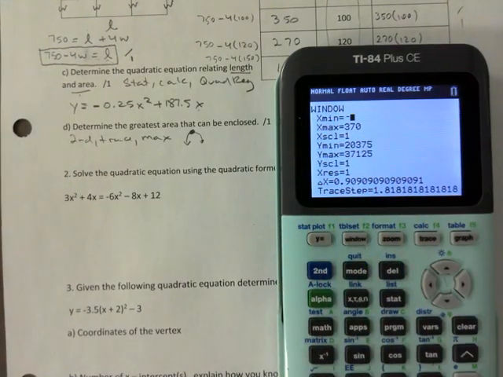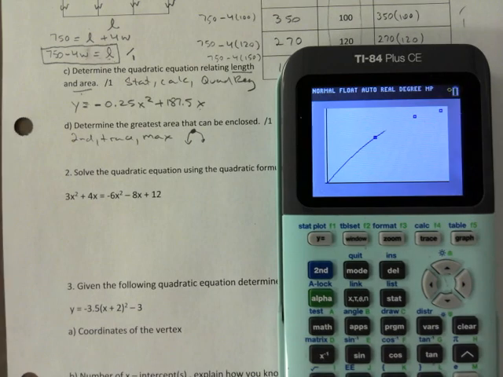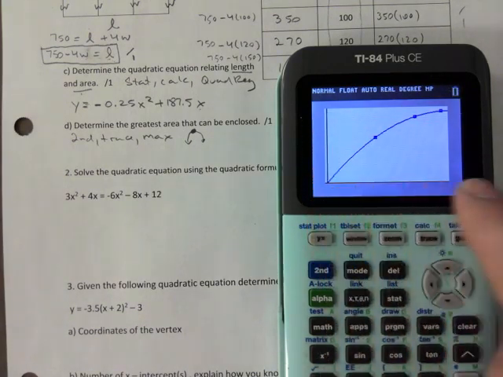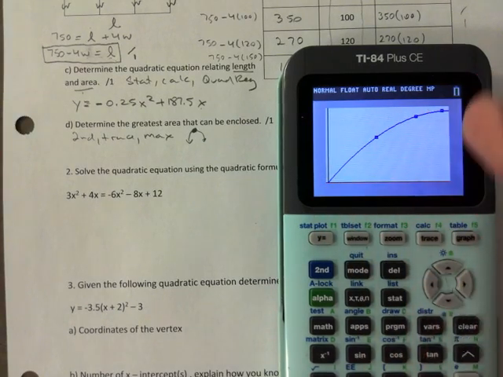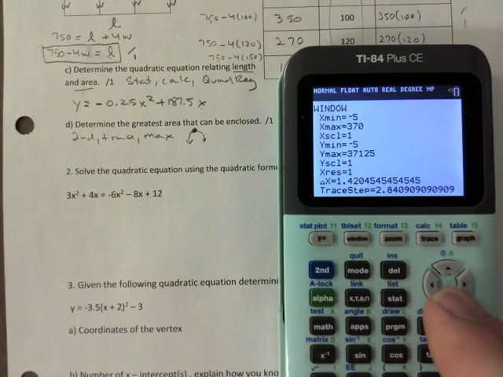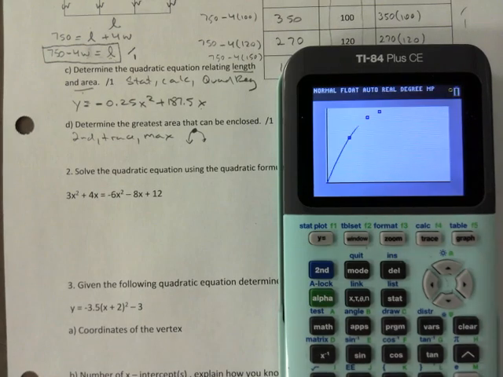That gets me started. And then I'm going to go window. Make sure the X min is like -5 or -10, and my Y min is also -5 or -10. I'm going to try it again. Now I see the X and Y axis, and I know where it's going. So I just have to increase my X max at that point. I'm going to go 800. There we go.